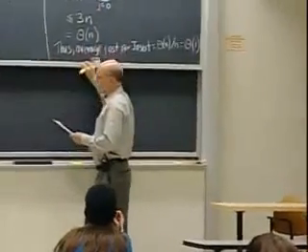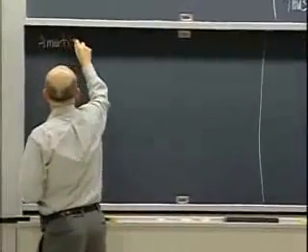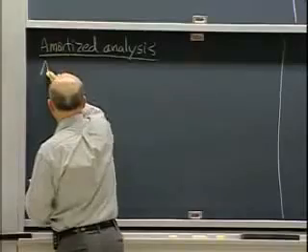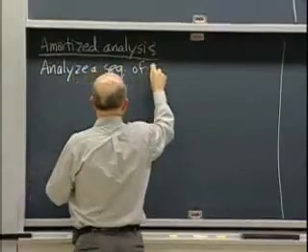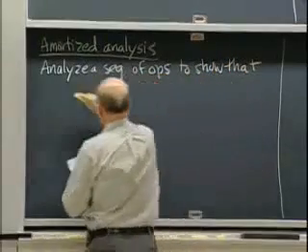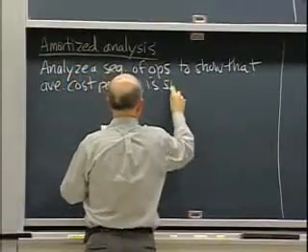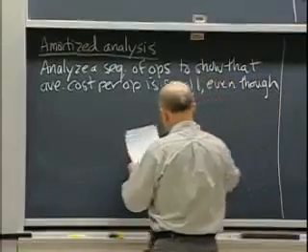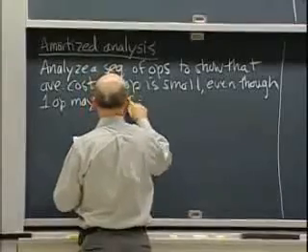So if we sort of summarize that, in an amortized analysis, we analyze a sequence of operations to show that the average cost per operation is small, even though one operation, or several even, may be expensive.